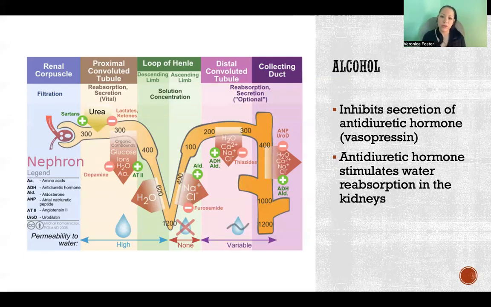And it's not just that you're urinating the drinks that you're drinking, it's that you're losing your body's water because you have suppressed your antidiuretic hormone. So the more alcohol in the body, the less ADH. So as the alcohol leaves the system, ADH increases, and as alcohol goes up again in the system, ADH decreases.